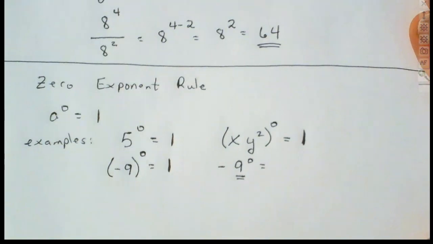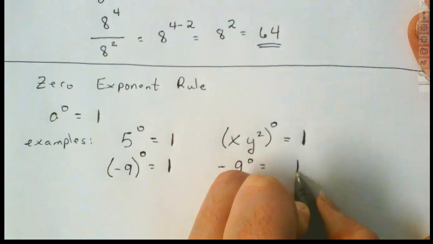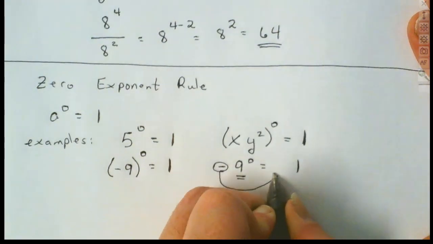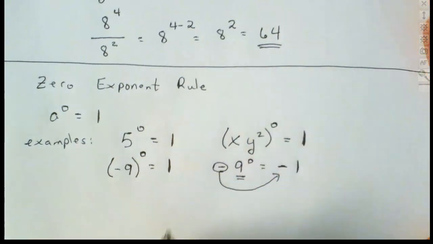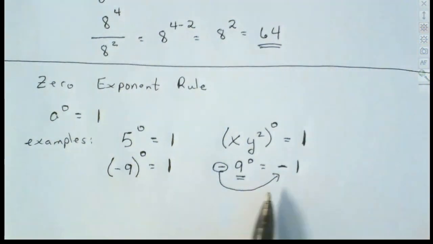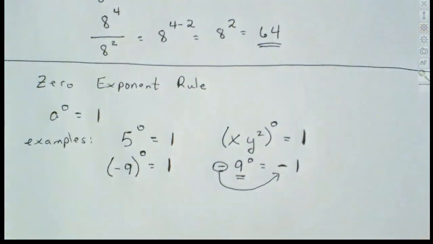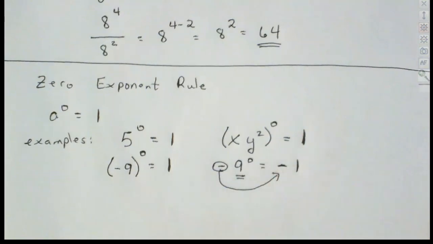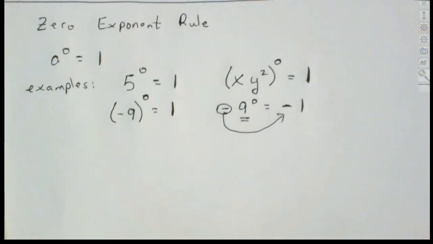And 9 to the 0 power is a 1, and the negative just gets dragged along with it. So it would actually come out to be a negative 1. See the difference between those two. Anything inside the parentheses raised to a 0 power is always 1. If the negative is out in front, it just comes along with it. So that's your 0 exponent rule.